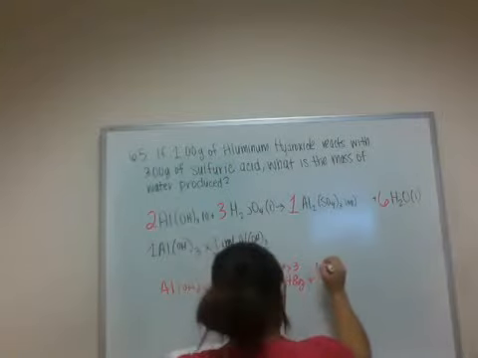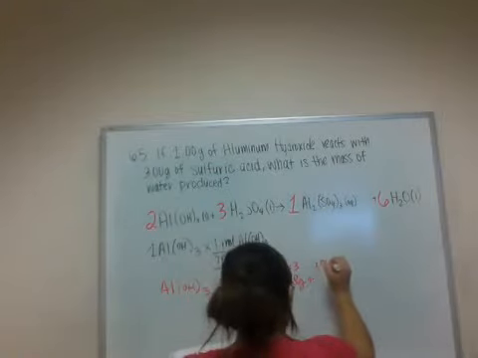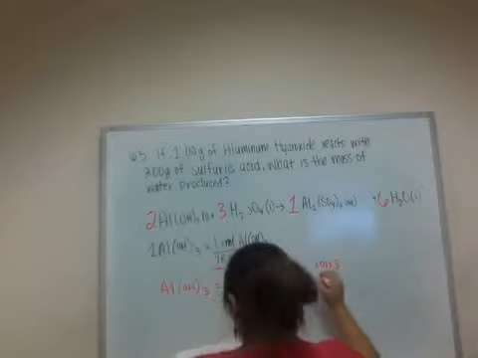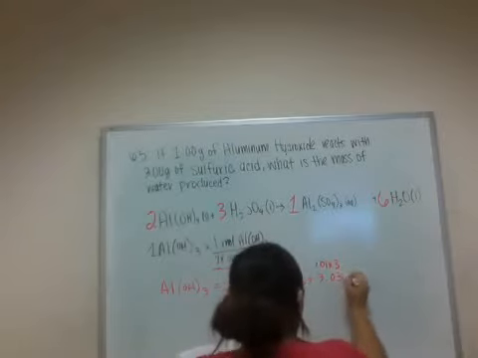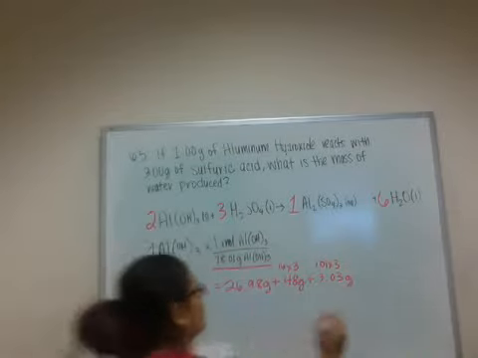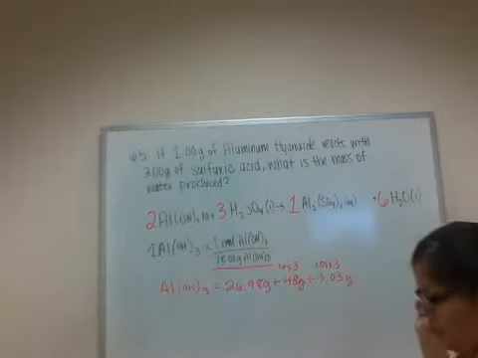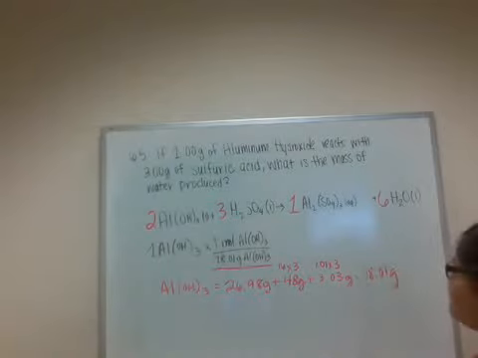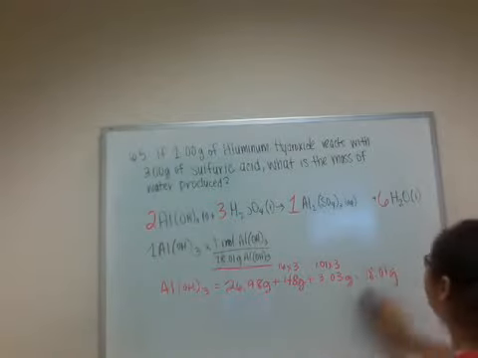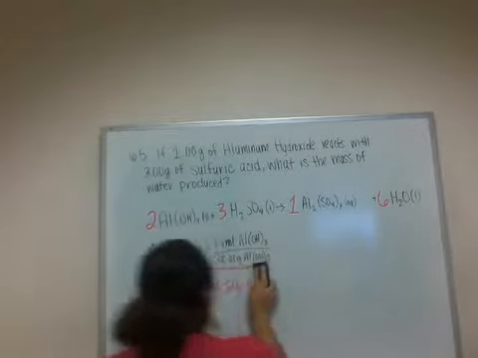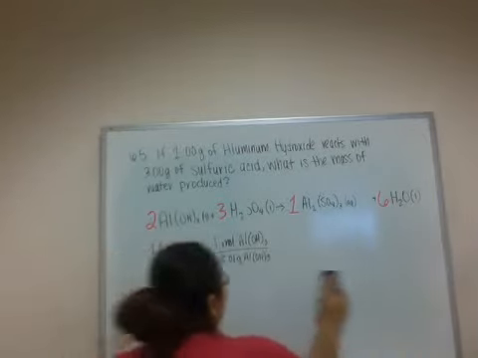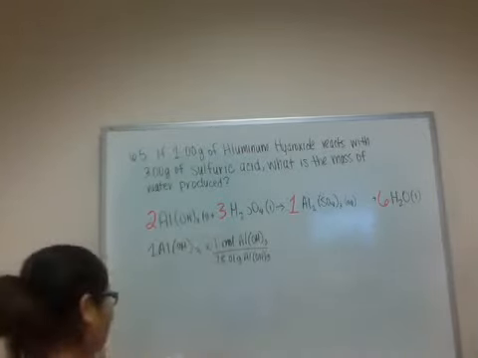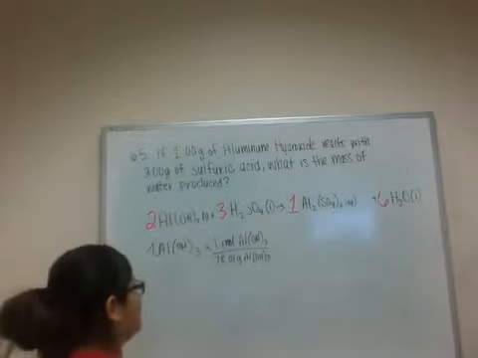Hydrogen is 1.01 times 3. That will give you 3.03 grams. So, when you add that all together, your total amount would be 78.01 grams. And that is how you figure out the mass of your aluminum hydroxide.